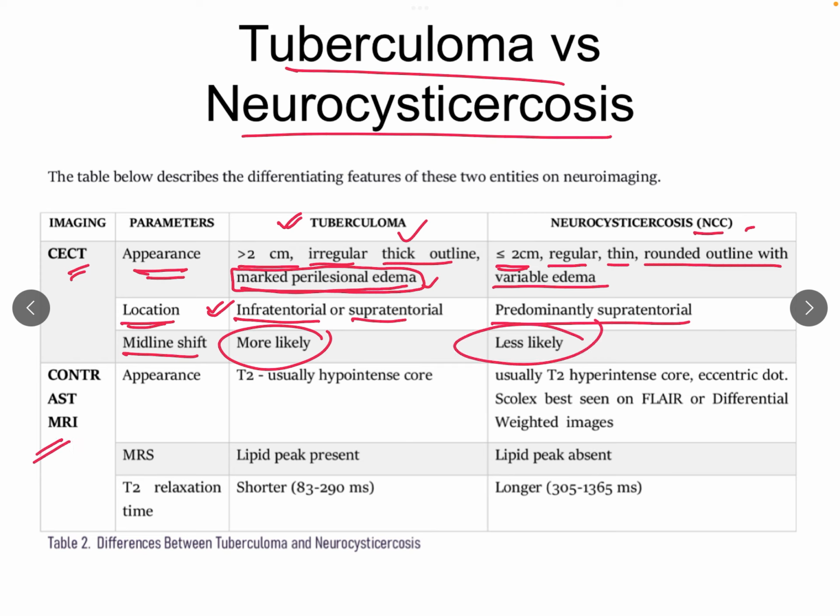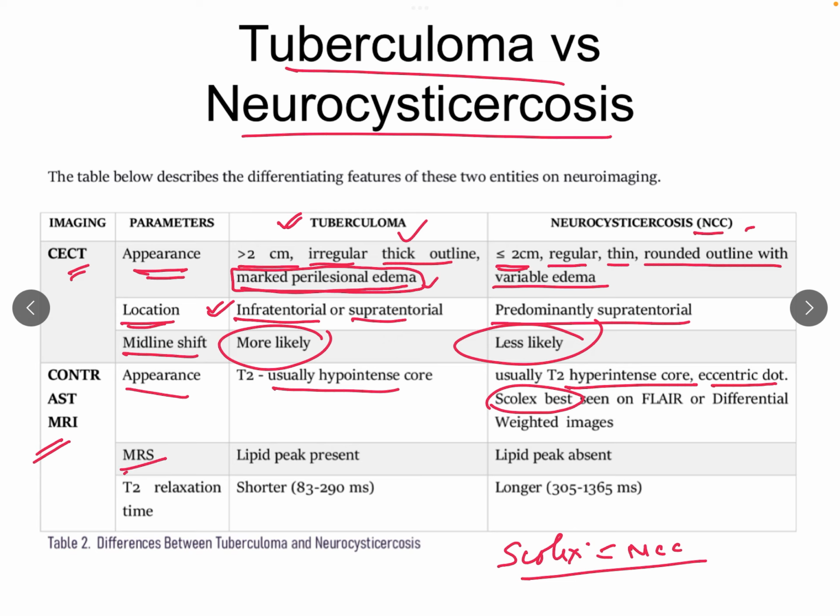Alright, if you do a contrast MRI, the appearance on T2 imaging will be a hypointense core in case of tuberculoma and a hyperintense cyst with an eccentric dot in case of neurocysticercosis. The scolex is sometimes best seen in neurocysticercosis, and if you see the scolex, it is highly specific for neurocysticercosis.